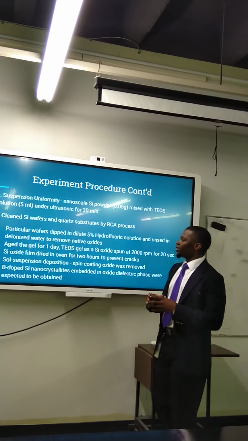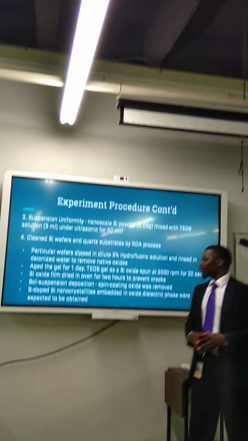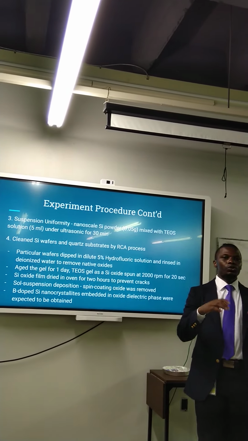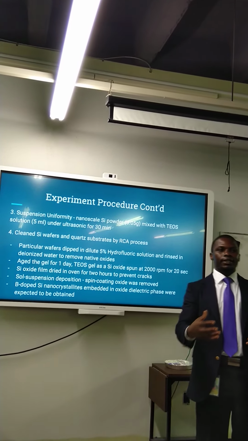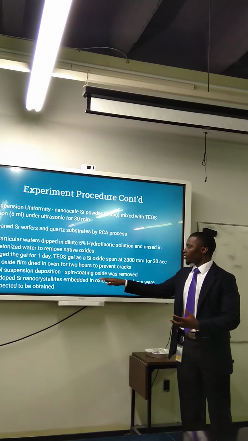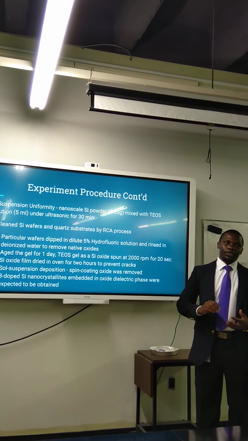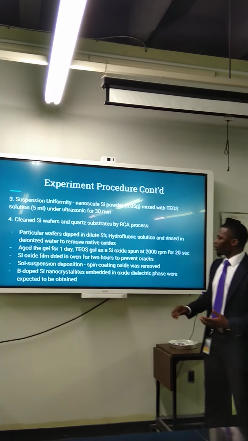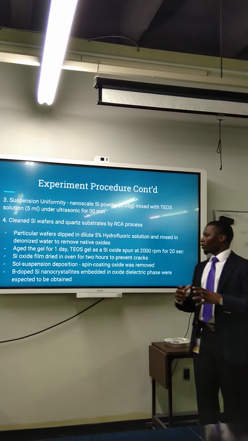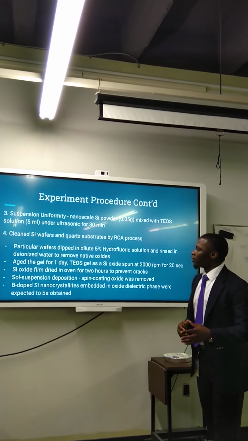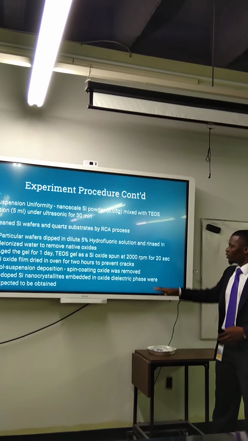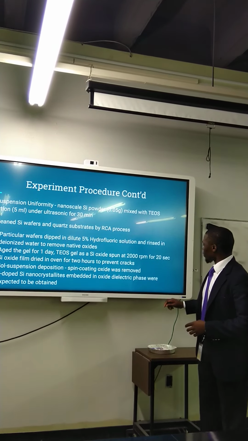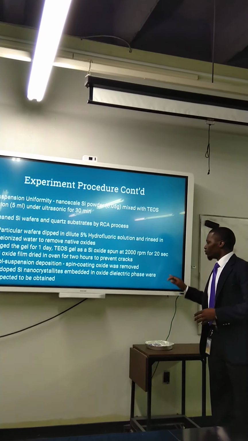After that, we made the suspension deposition by spinning the oxide, which was the TEOS solution by itself. We spin coated it on the silicon substrate, and later on we bead-dropped the suspension to obtain silicon nanocrystallites embedded in the oxide dielectric phase, which is what we were expected to obtain.